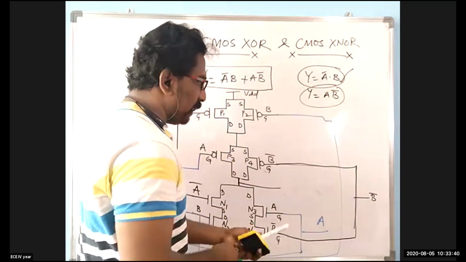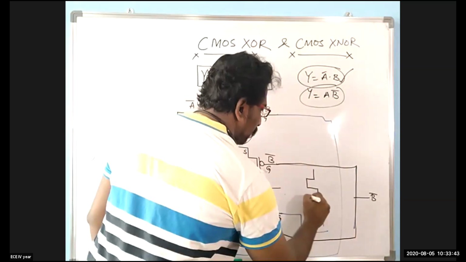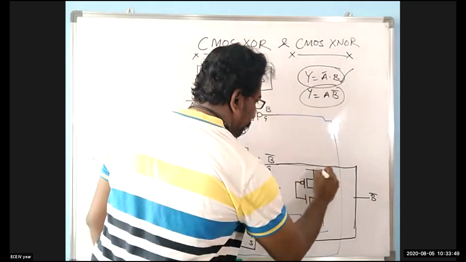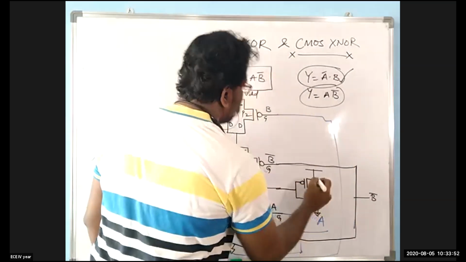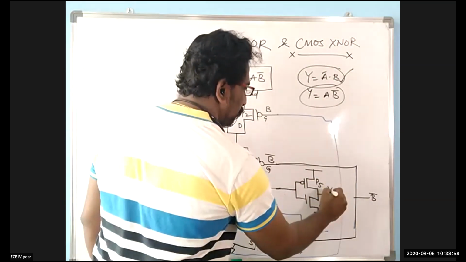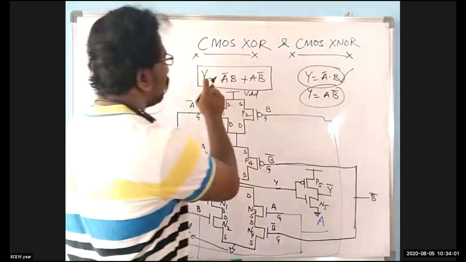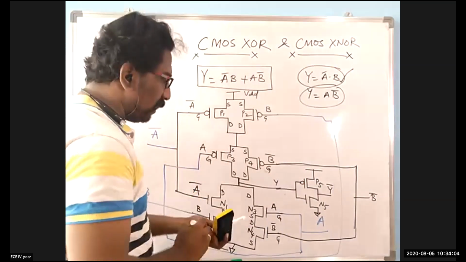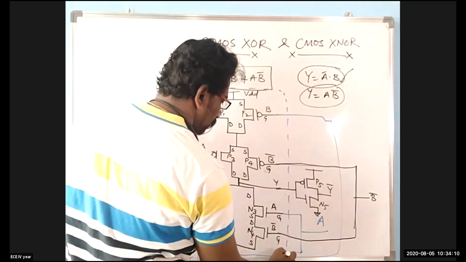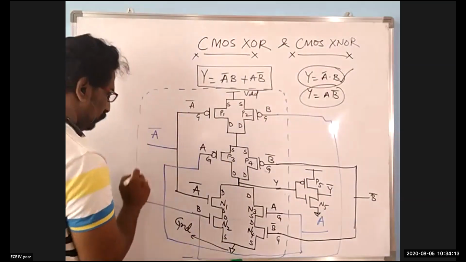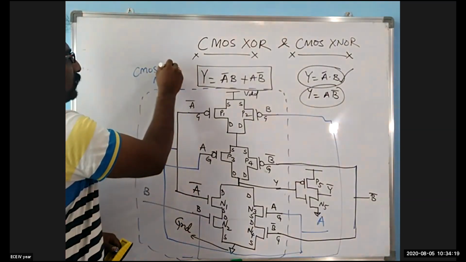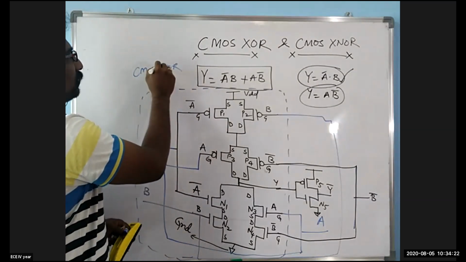If I connect an inverter over here, this is your P5 and N5. Now here, this is Y bar, and this is Y. The structure inside this dotted line is a CMOS XNOR.